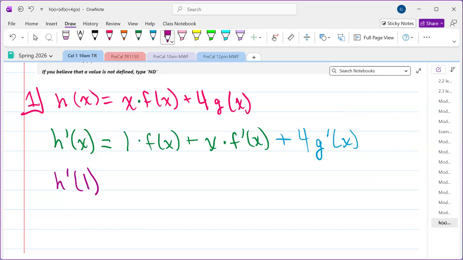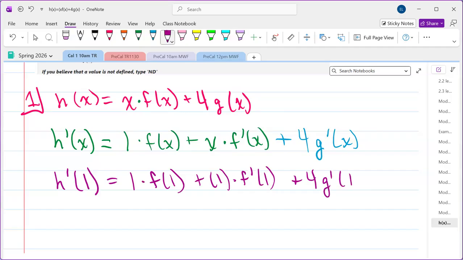So in my function notation, I've put a 1 in place of the x, so I'm going to follow through on all the rest of it. I'm going to put 1 in place of the x. So this is still 1 times, but now this is f of 1, plus 1 times f prime of 1, plus 4 times g prime of 1.